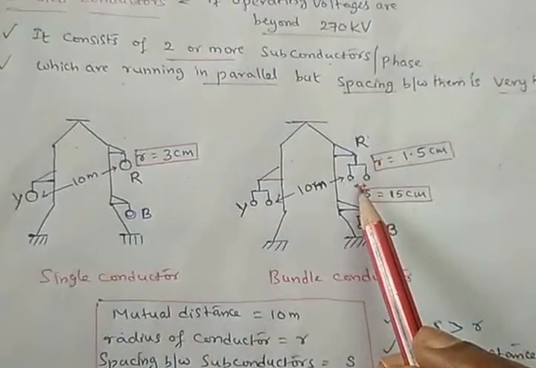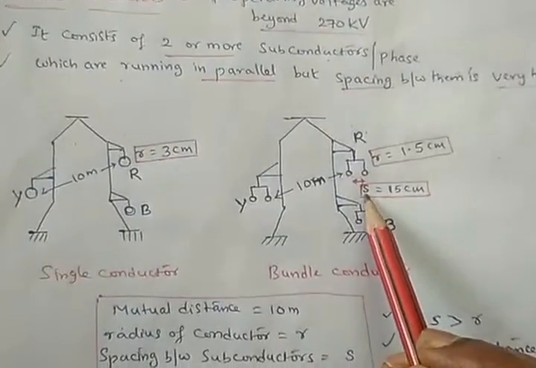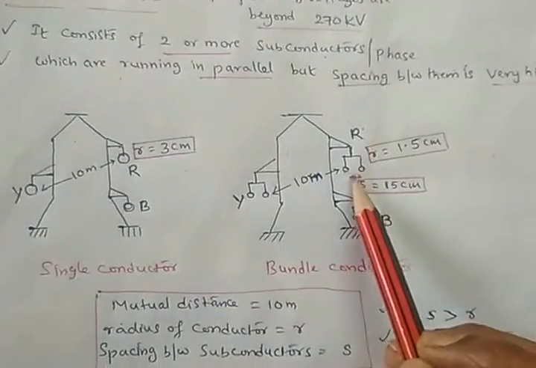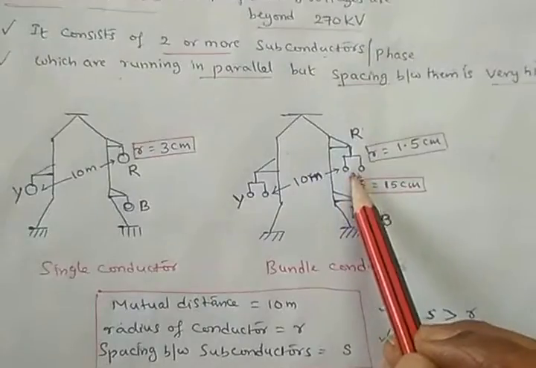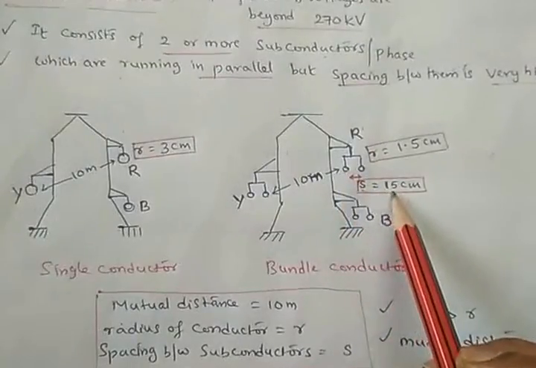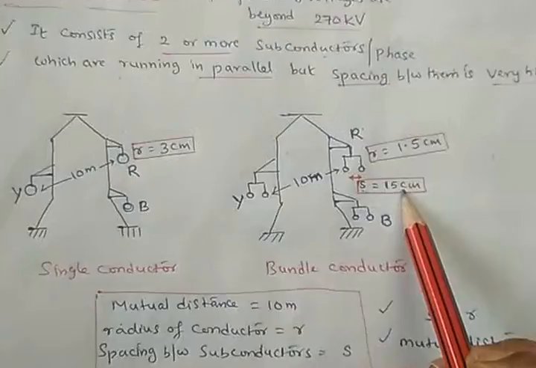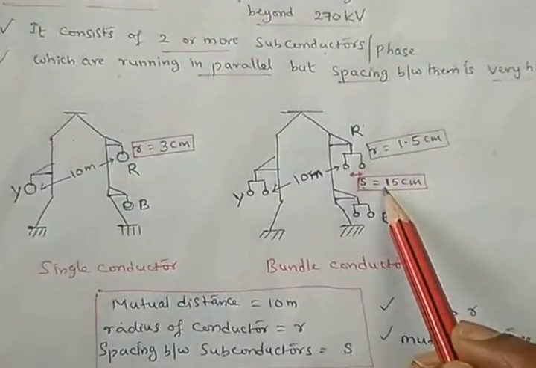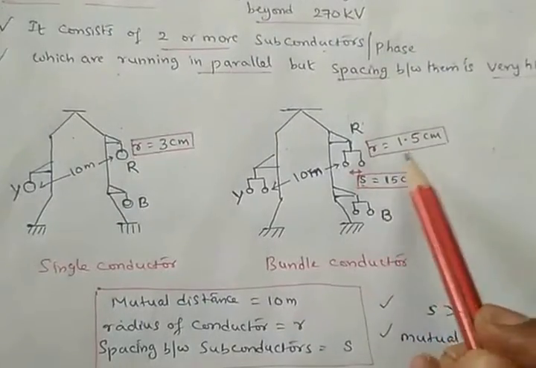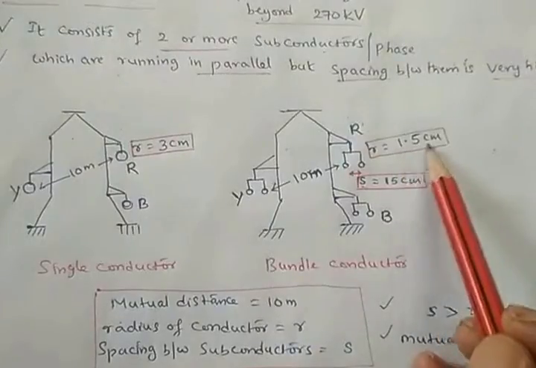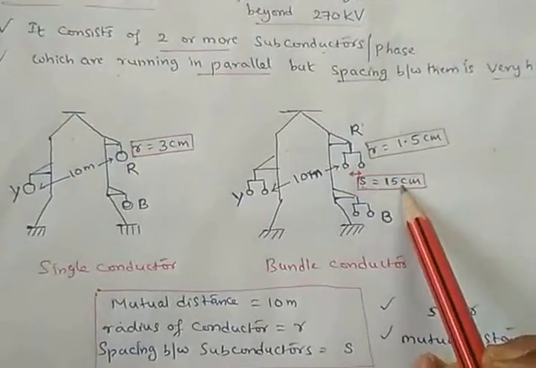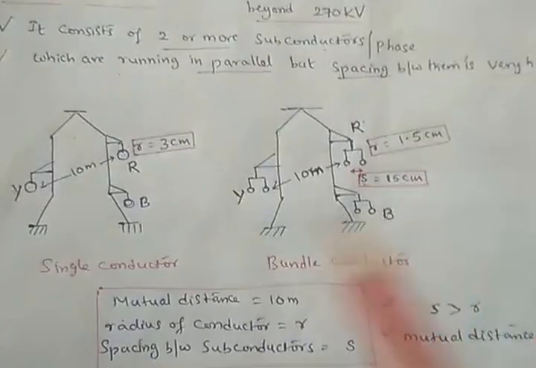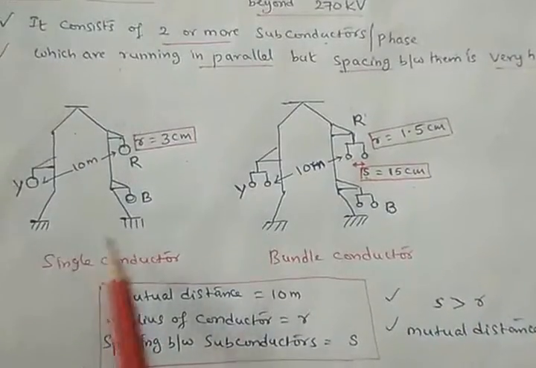Now you get one extra point to identify, S. S is the spacing between the subconductors. The spacing in this example is 15 centimeters. You identify the important point here: the radius will be very much less than the spacing between the subconductors. What are the three important points from these two diagrams?